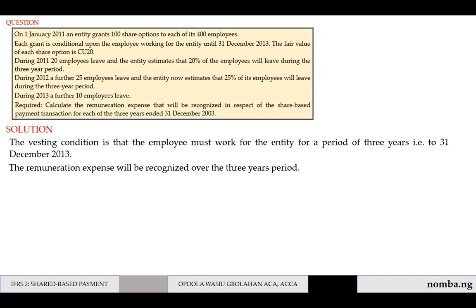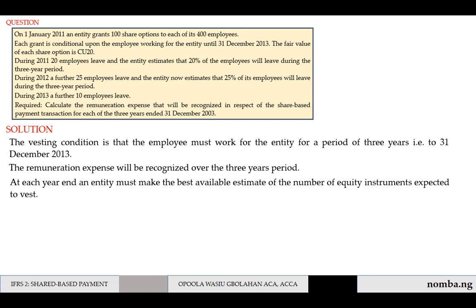Note this, please, because this is the key to everything: at the end of each year, an entity must make the best available estimate of the number of equity instruments expected to vest. At the end of each period, they will do that. So let's see how to do that, because that's the key, really.